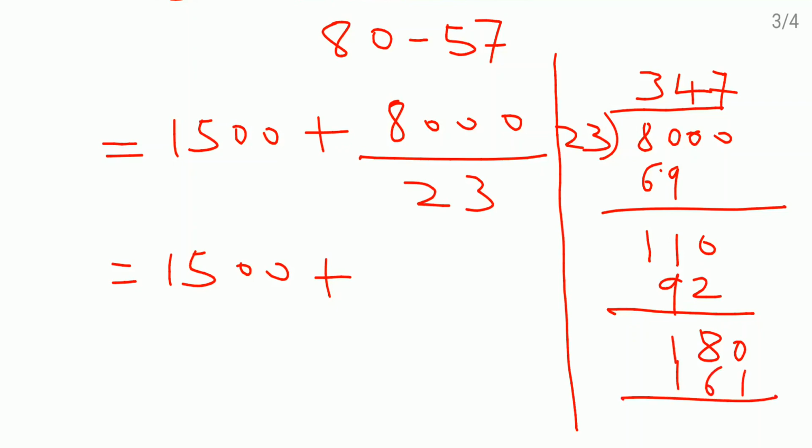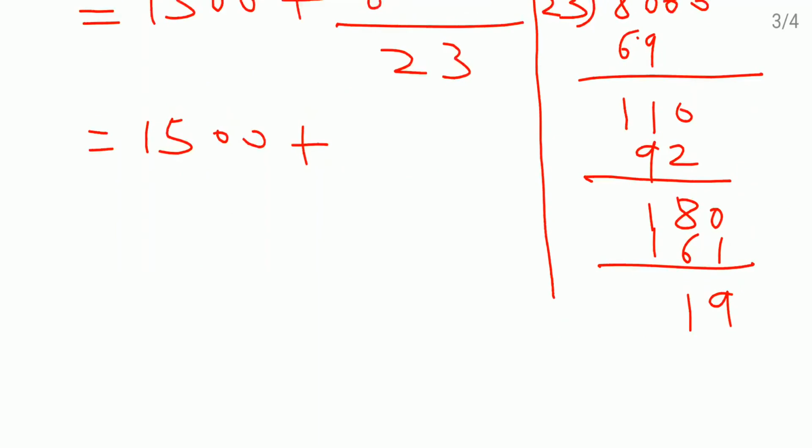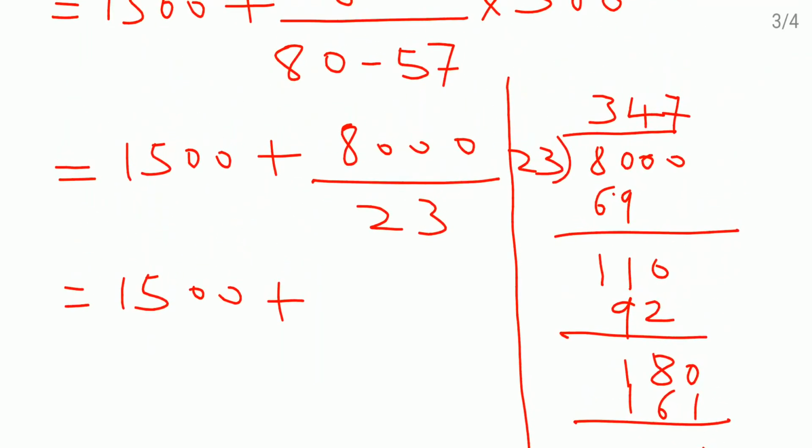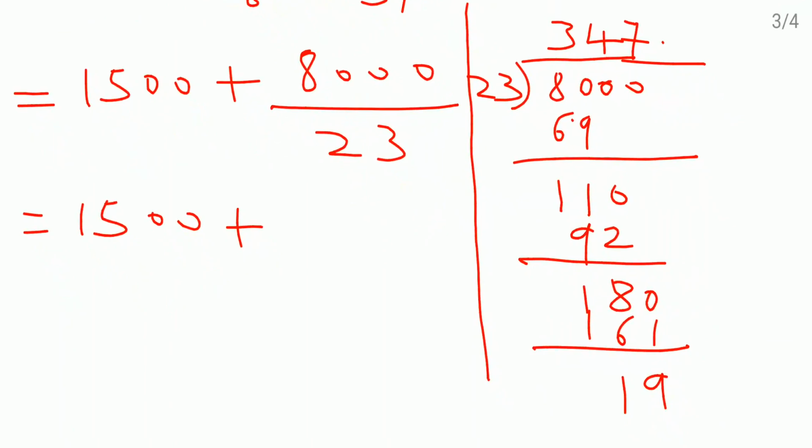Now see the subtraction here. This one 10 minus 1 is 9. This is 1. Now we need to give the decimal because nothing is left here. So because of the decimal, we got the 0 here. So this is 0 at this place.